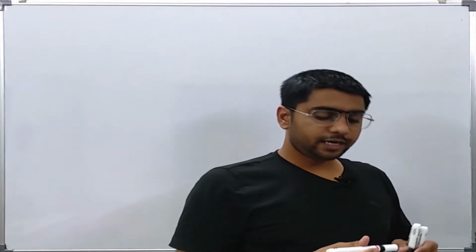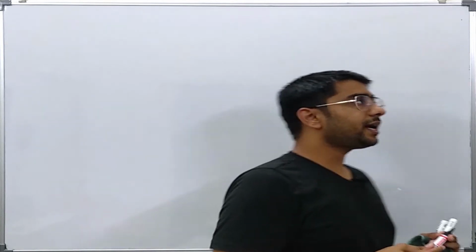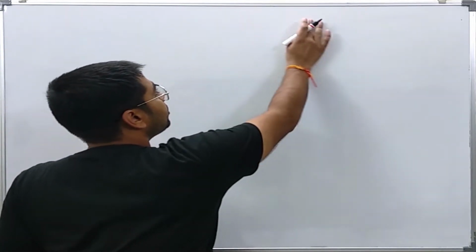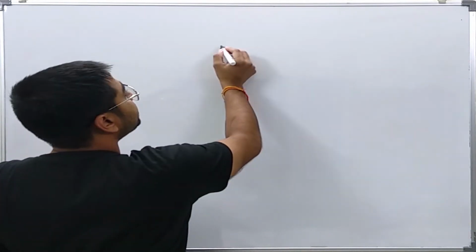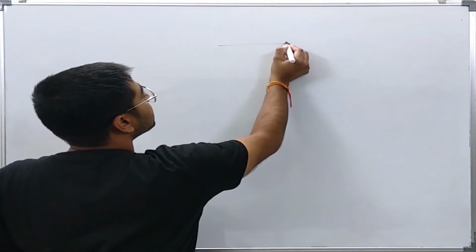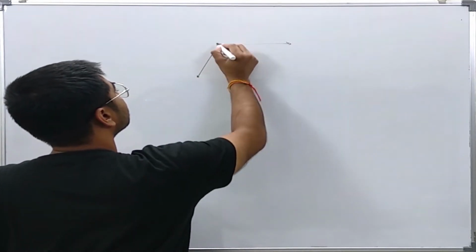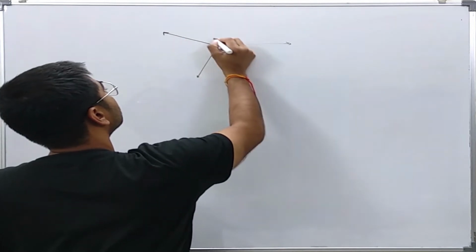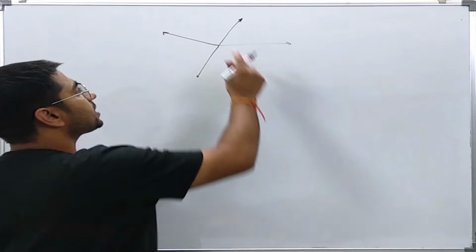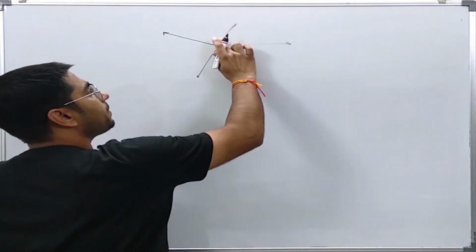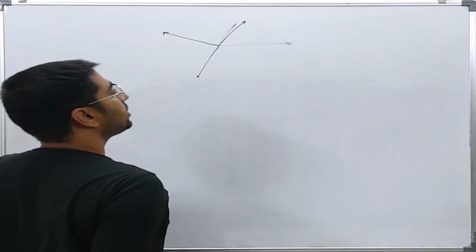Now, let us say I have a four-phase system, comprising four phasors, but these phasors are unbalanced. You see, these phasors are four in number and they are unbalanced.